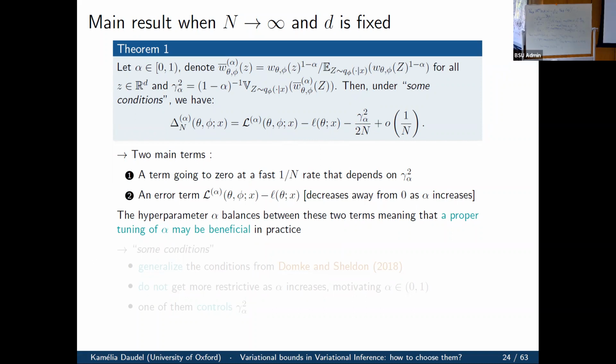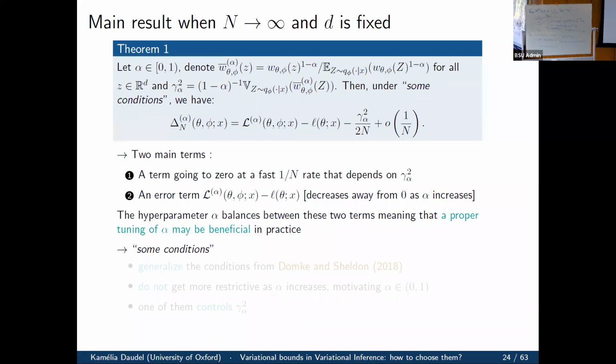Okay, so this gives us insight as to why people got those good results by playing with the value of alpha. And now I want to go to the conditions that I've written there. Basically, there's a few things that you need to know about these conditions. The first one is how they relate to the conditions that were in Domke and Sheldon.